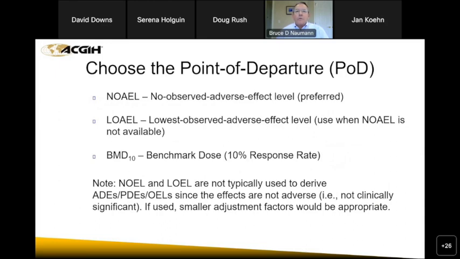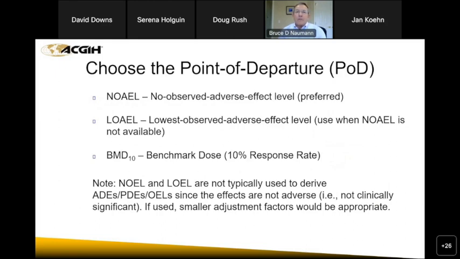So looking at the endpoints, we choose the point of departure for that critical endpoint. And so what we're trying to identify is the no observed adverse effect level, if we can find one, before we start applying adjustment factors. If we don't have a NOEL, we'll use the lowest observed adverse effect level, or the LOAEL.